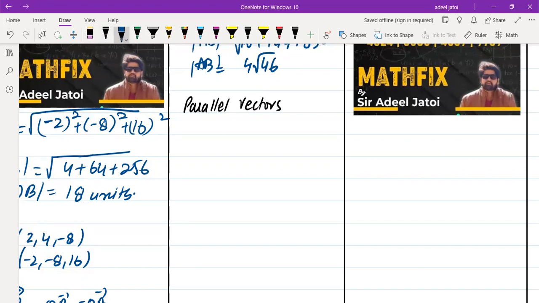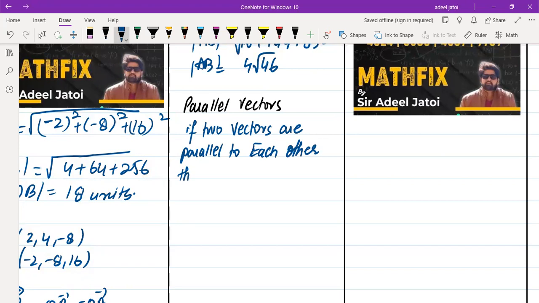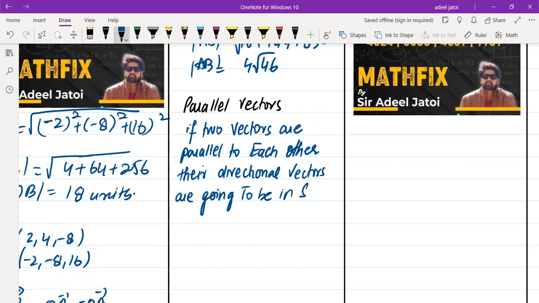If two vectors are parallel to each other, their directional vectors are going to be in the same ratio.